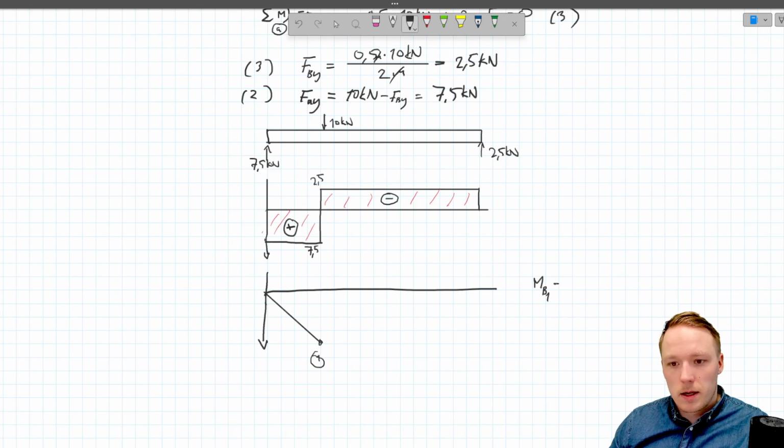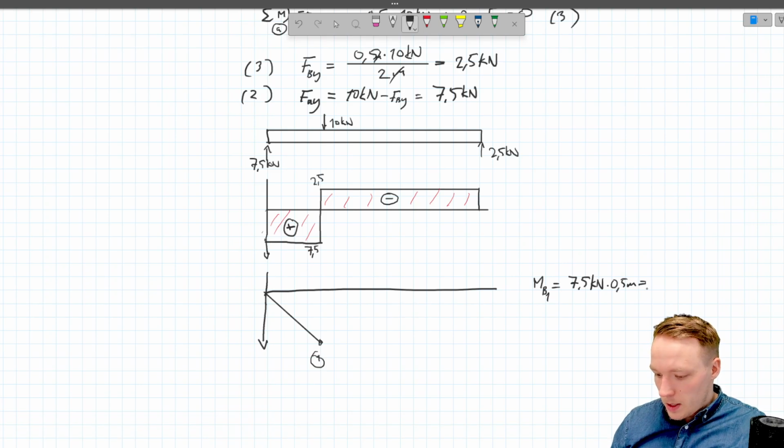MB1 equals to 7.5 kilonewtons multiplied by the distance, which was 0.5 meters, and the value will be 3.75 kilonewton meters.